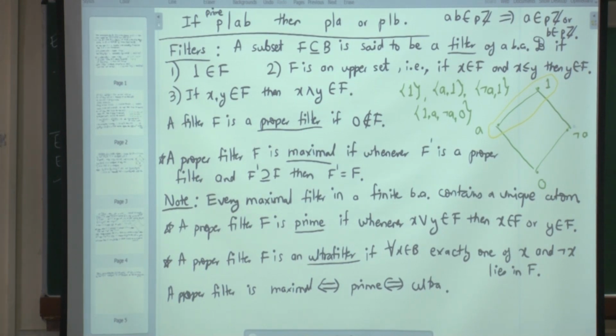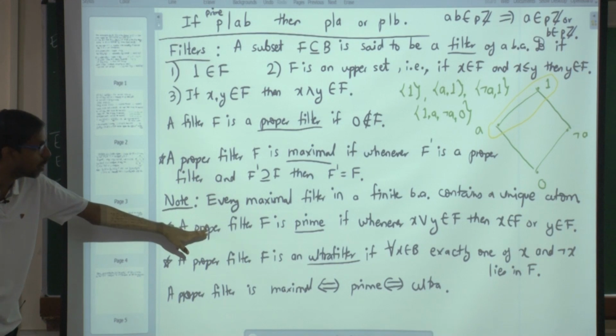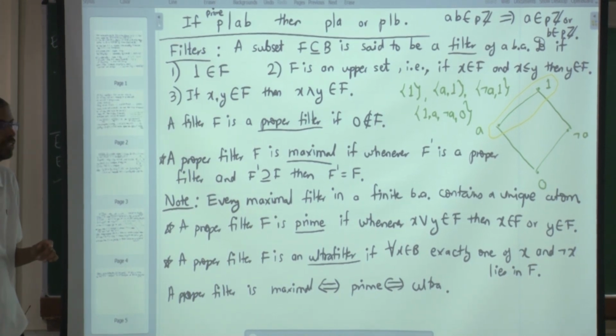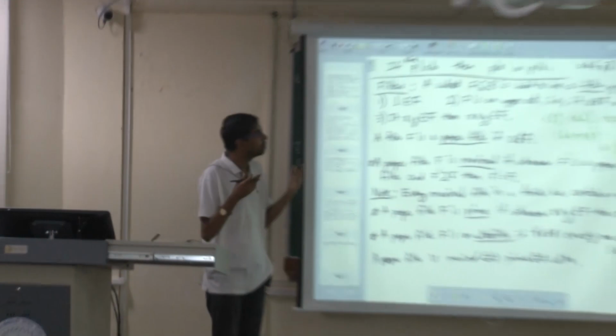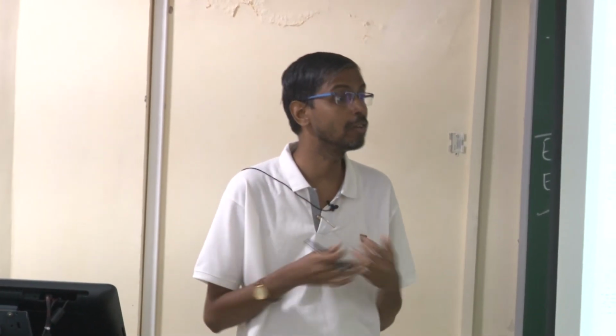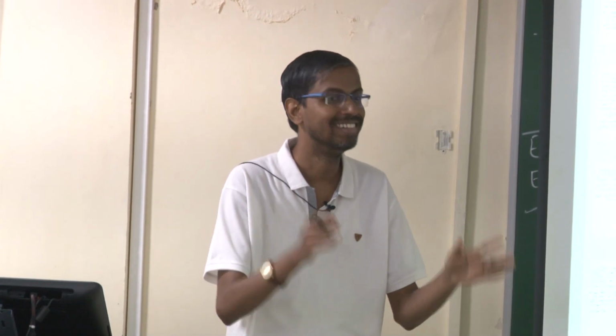Then the join of A and negation A is 1. So by the prime property, either A is there or negation A is there. We have chosen A to be in there. So prime, ultra, maximal, it doesn't matter, they are all equivalent notions. You will prove this in the tutorial.